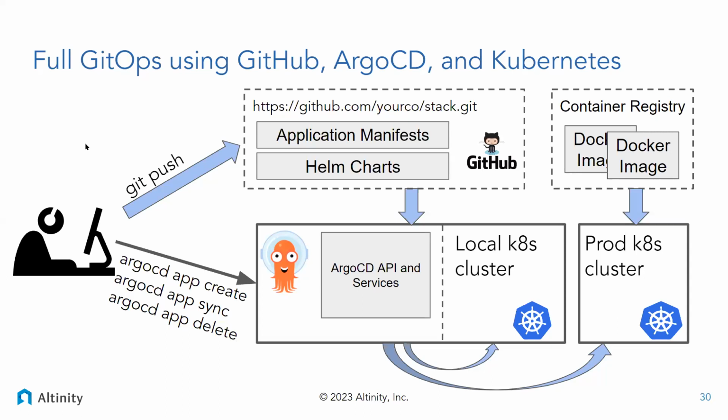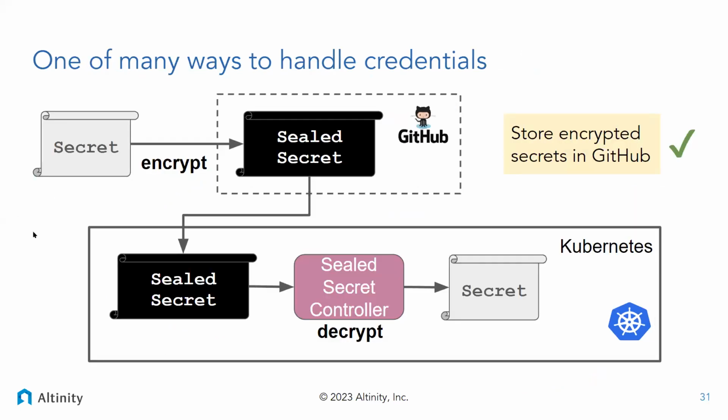There are a couple problems that come up, and one in particular is how to handle credentials. Because if you just store, for example, Amazon secret keys in GitHub, I don't know if anybody on this call has done this, but if you do, you will get an email from Amazon literally within minutes saying, hey, we saw what you did.